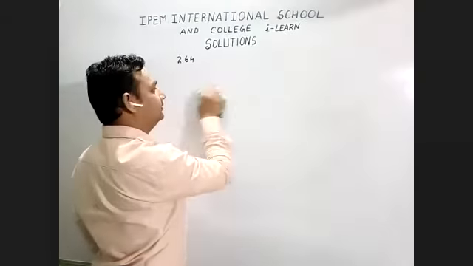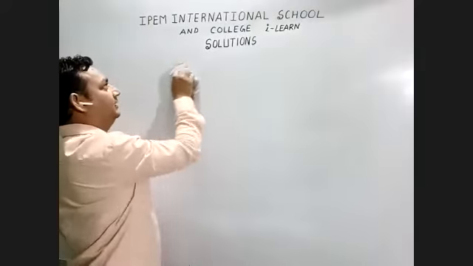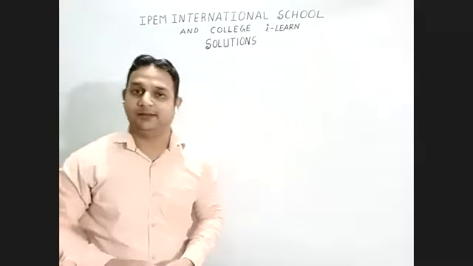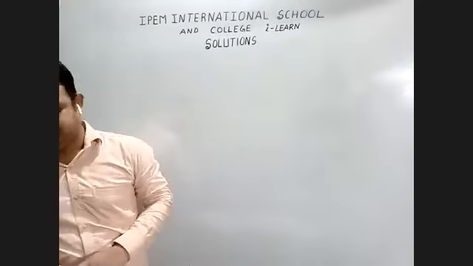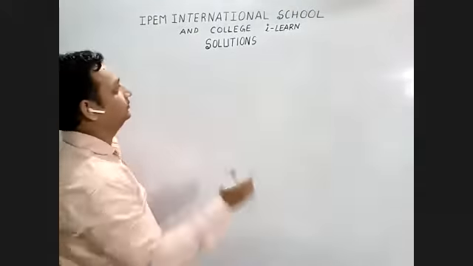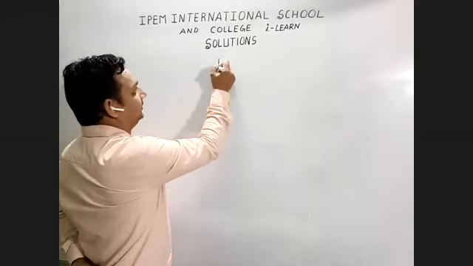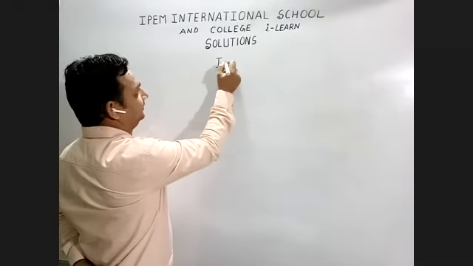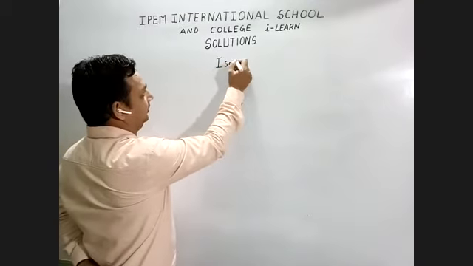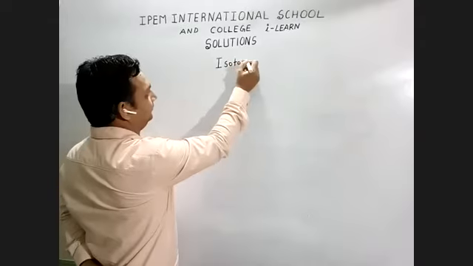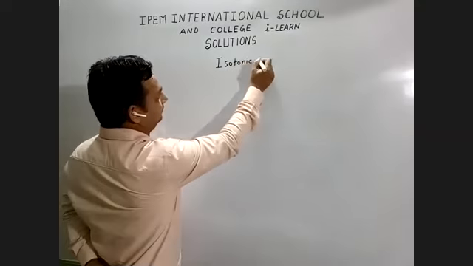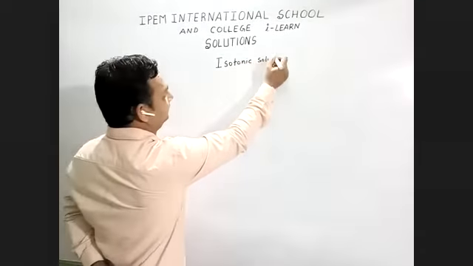Mostly the board questions they ask are almost done, the type of question they ask has been covered. Now, isotonic solution, what will be the equation?